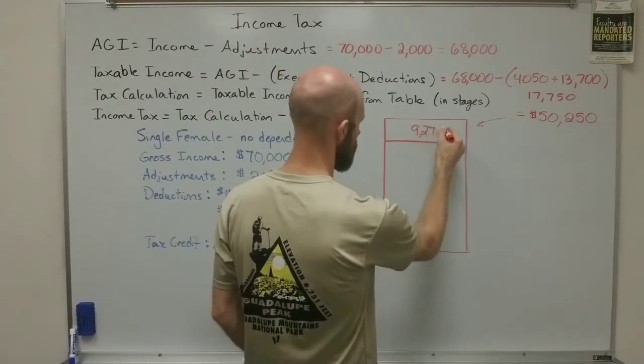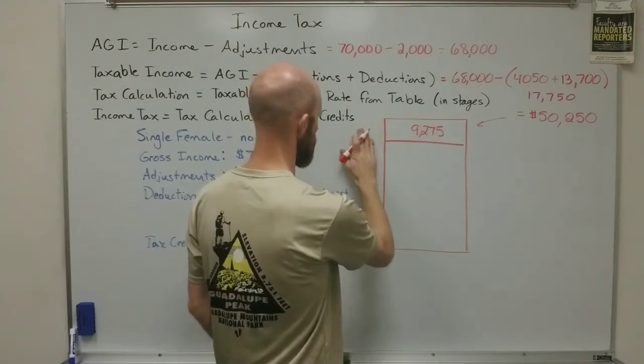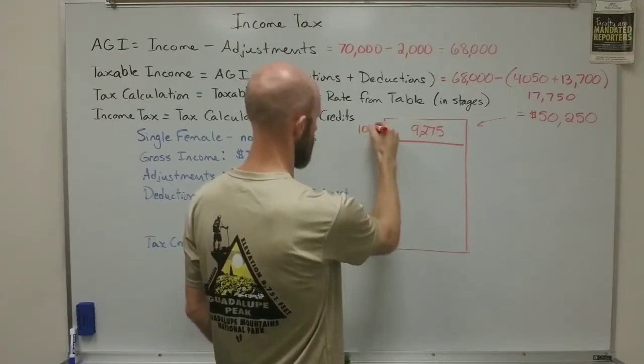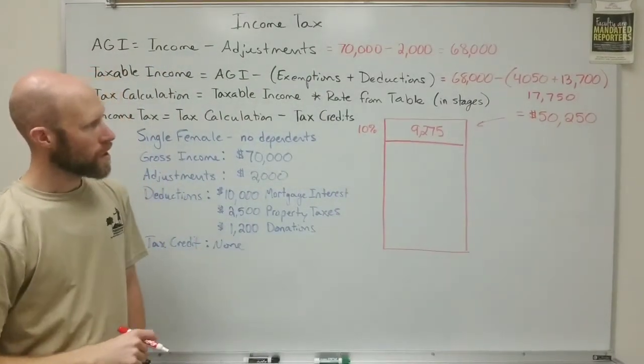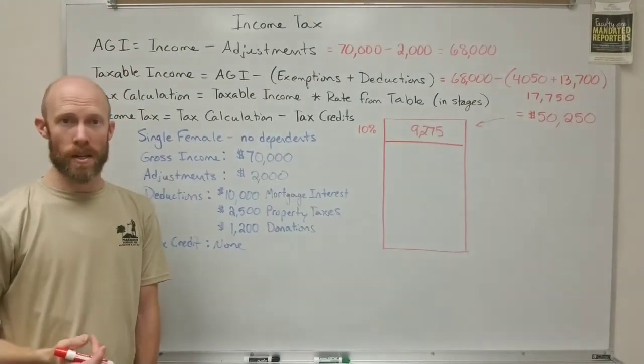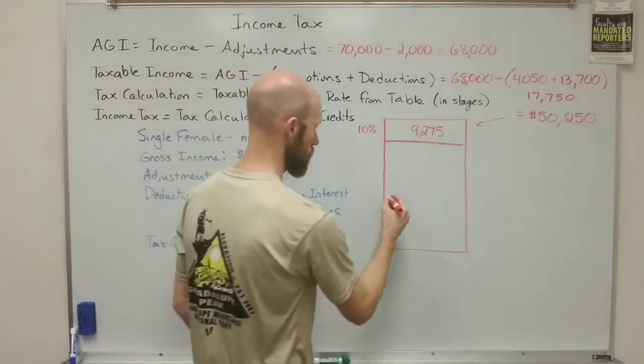$9,275, and you apply a 10% tax to it, okay? Now, the next chunk of money is applied with a 15% tax, okay?